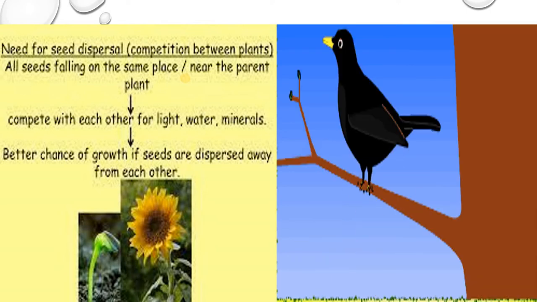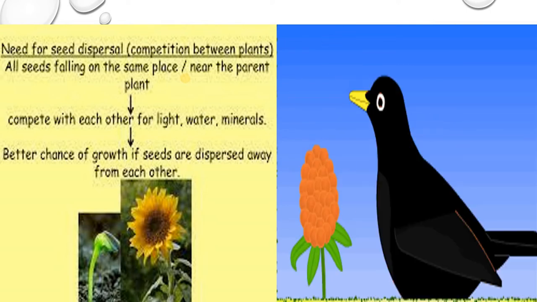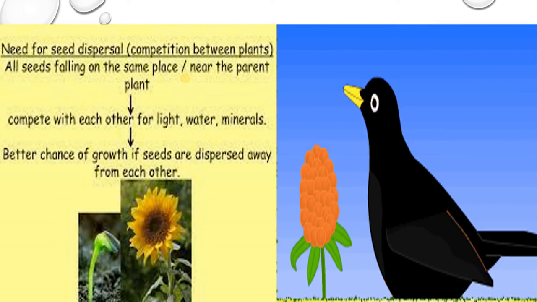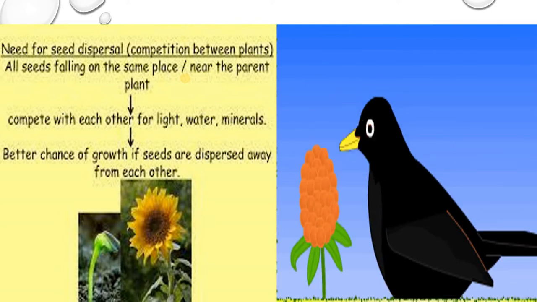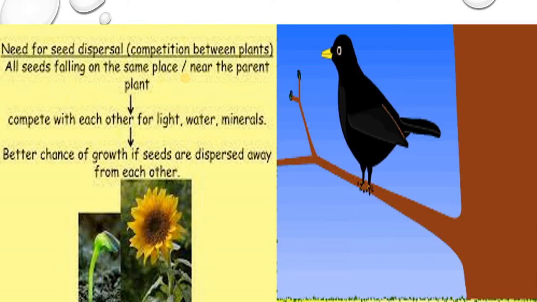When the seeds of a plant are dispersed, the new plants grow far and wide, and hence they do not compete among themselves for water, minerals, and sunlight. Definitely, all the new plants will get sufficient water, minerals, and sunlight, due to which they grow to become healthy plants.